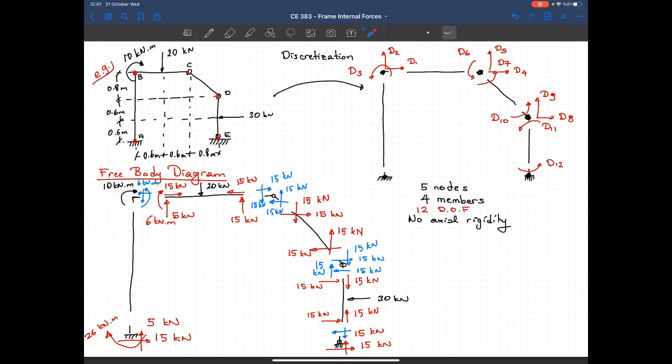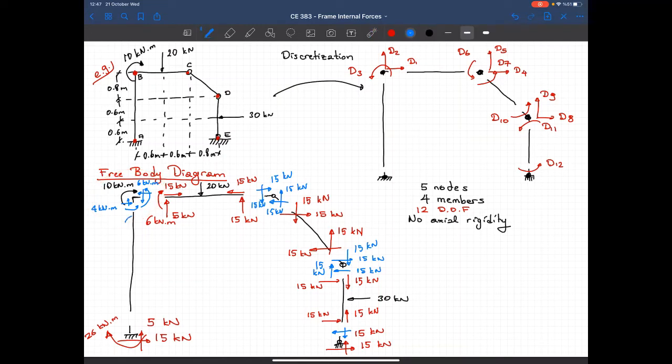In order to balance that moment, I should have another moment in this direction. Magnitude is 4 kilonewton meters, vertical force, horizontal force. So now, after that, this node is in equilibrium. So transfer all the forces to the ends of the member.